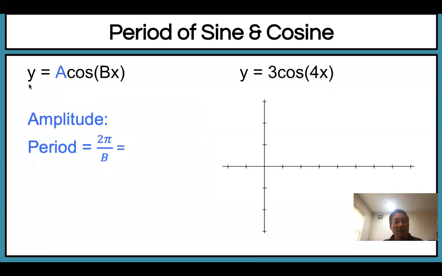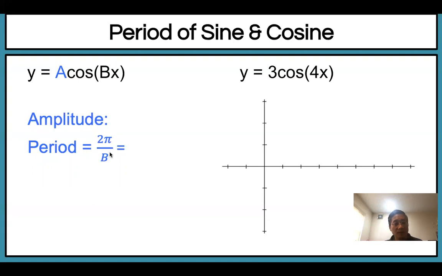So your function's format is like this: y equals A times cosine or sine, doesn't matter, of b times x. B is in the parentheses in front of the x, right? So A is the amplitude, the absolute value of A. And how do you find the period? 2 pi over b.